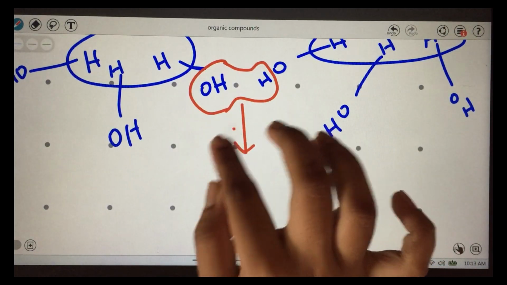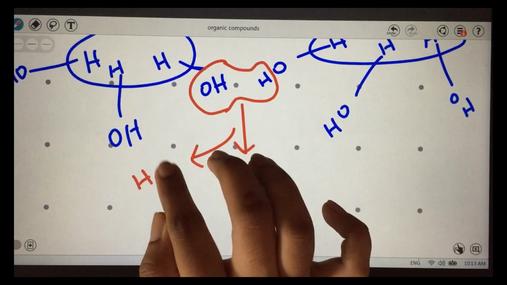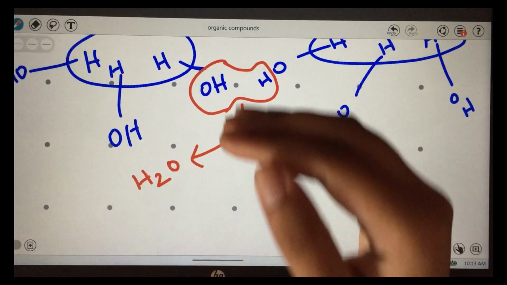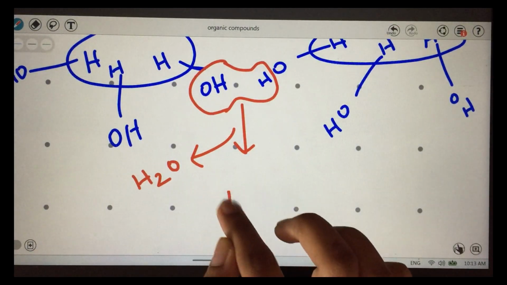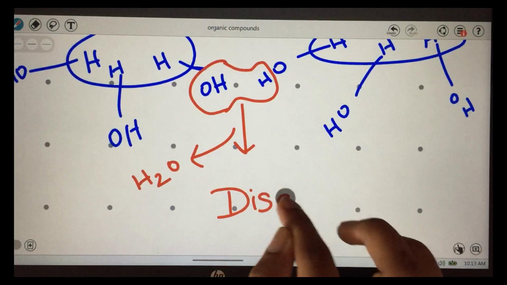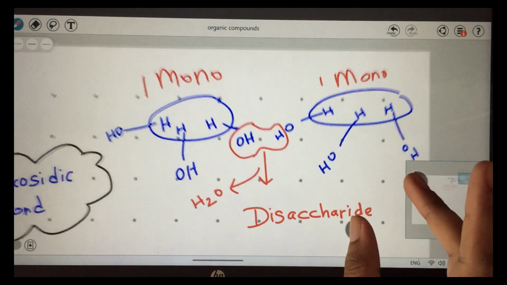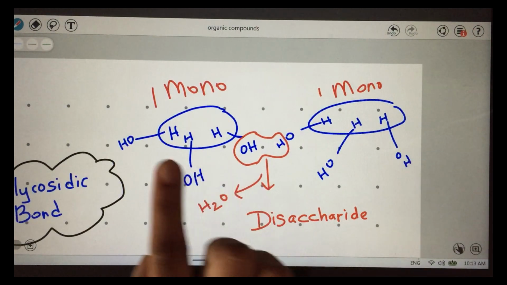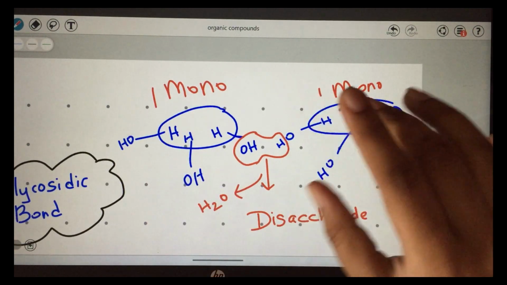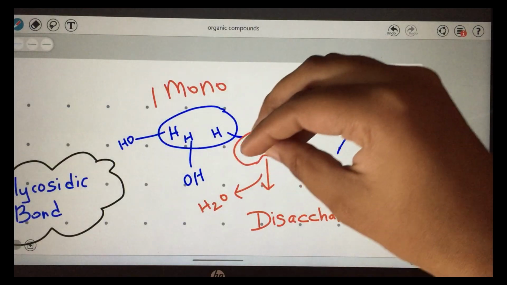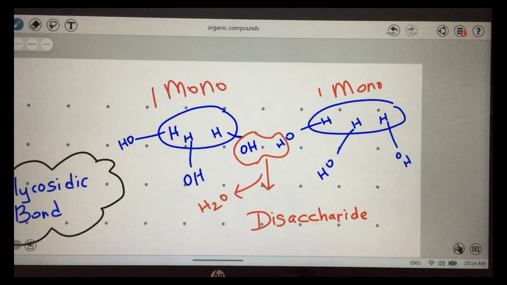So this water is going to be removed as a product, and then you form the disaccharide. Can you understand? The OH group of one monosaccharide and the hydrogen of another monosaccharide are removed as water, and as a result we have the disaccharide.